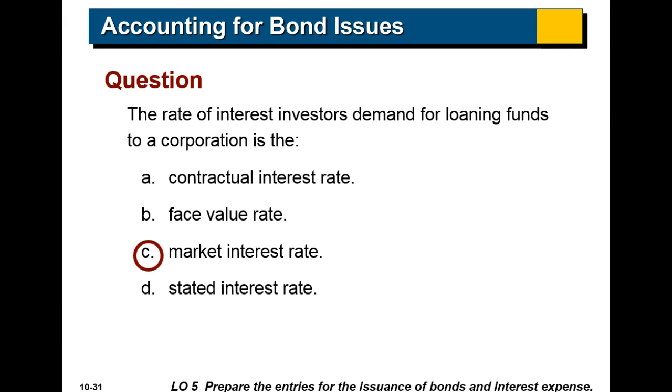But the market rate is ultimately what people are going to expect to receive for their money. This is where bonds can be confusing, because they have certain rates fixed on their paper, but based on what's happening in our economy, the market rate is going to fluctuate. So we always do things based on the market rate of interest.